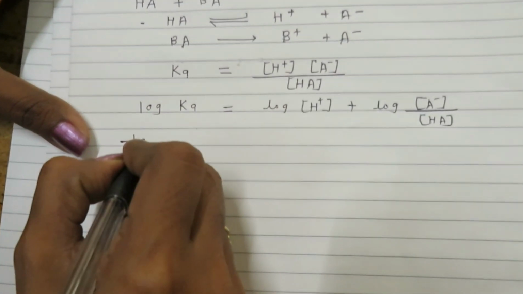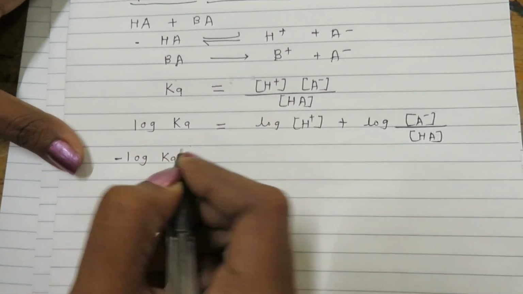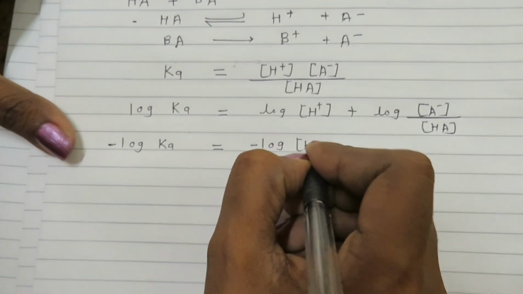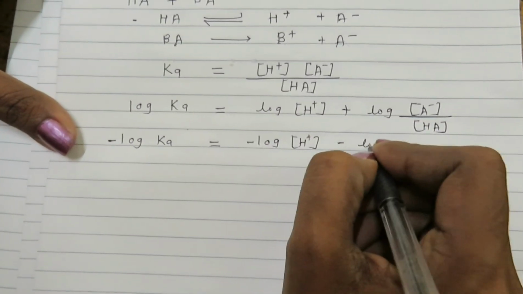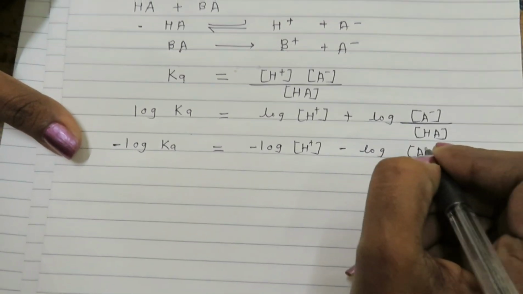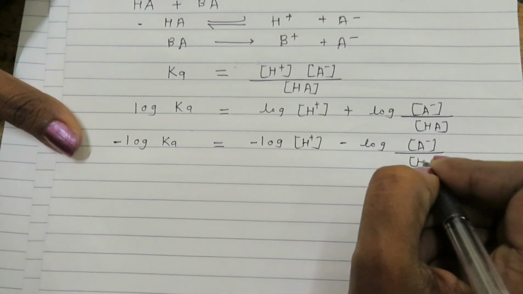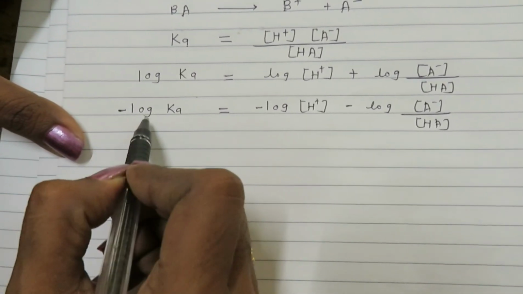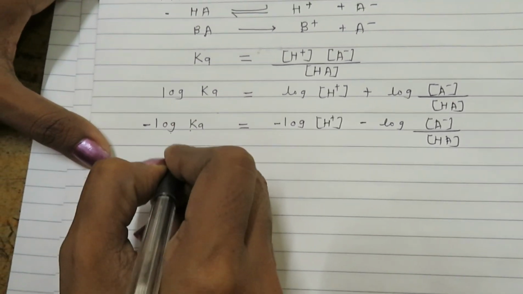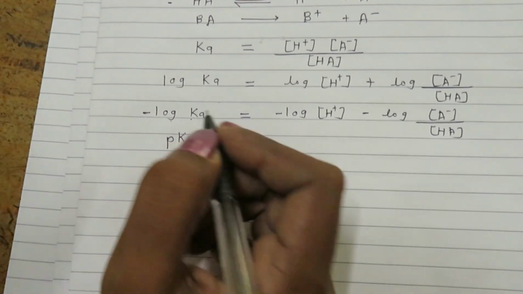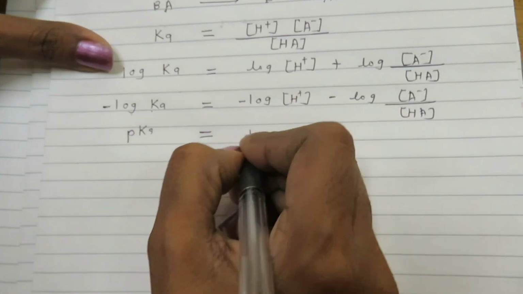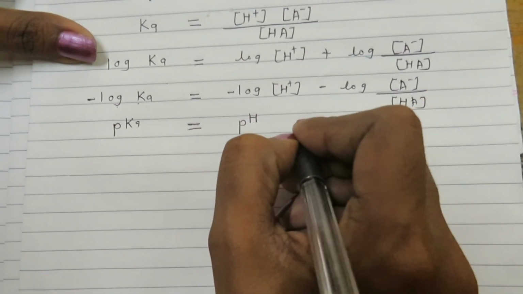So we get minus log K is equal to minus log of H plus minus log of A minus upon HA. So you know that negative log of Ka is equal to pKa, and negative log of hydrogen ion concentration is termed as pH.